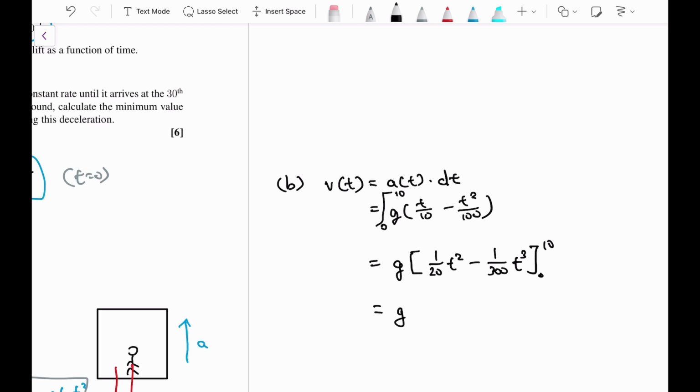And for 10, we can put in 10, so that's essentially 100 divided by 20, that is 5, minus 1000 divided by 300, so that's 10 over 3.